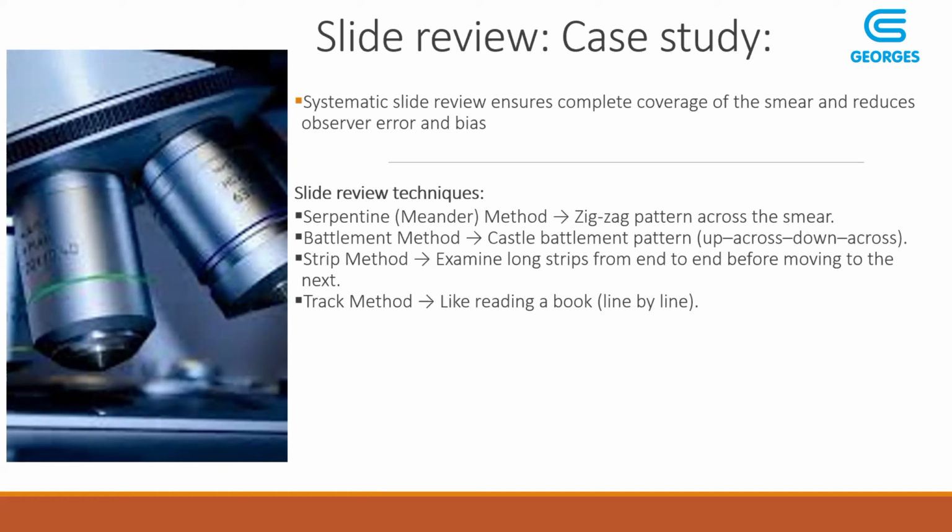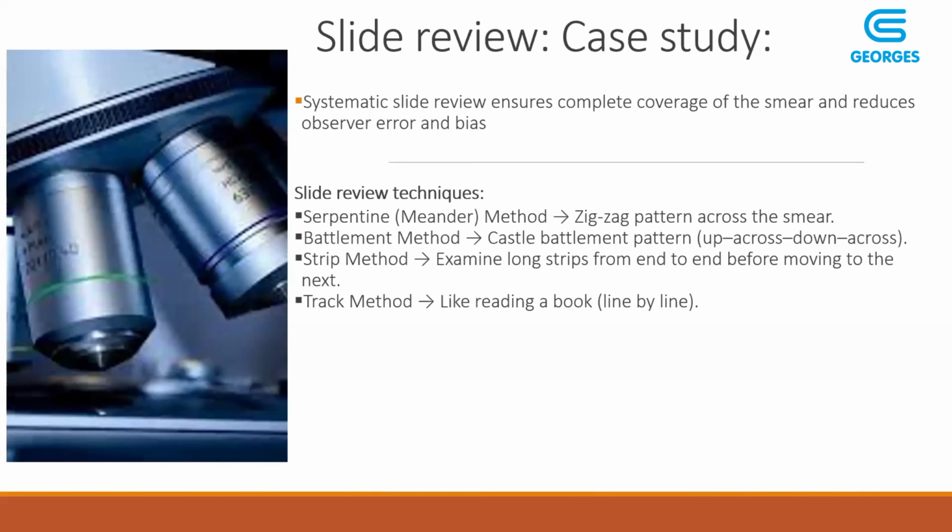Also, we have the battlement method or the castle battlement pattern. This is where you review a slide where you move upwards, you move across, and then you review the slide downwards, then you review it across. Also, this ensures that the whole slide has been covered.